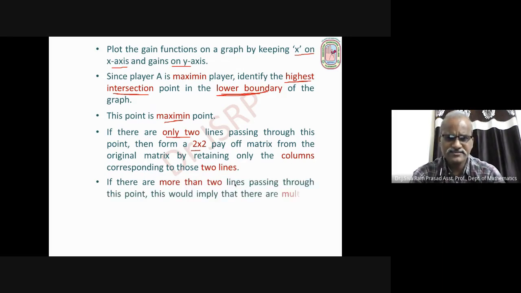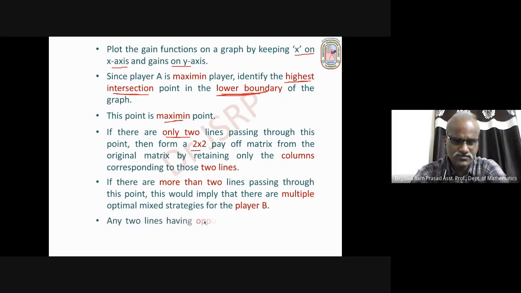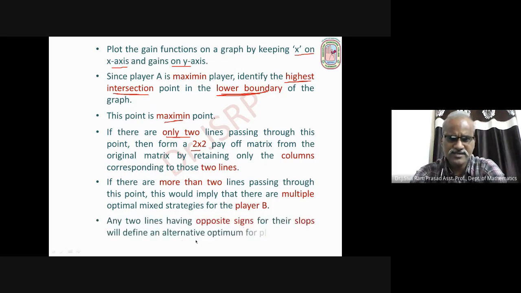This implies that there are multiple optimal mixed strategies for player B. In that case, we choose two lines having opposite signs for their slopes. Any two such lines define an alternative optimum for player B. Solve the resulting 2 by 2 game as usual.